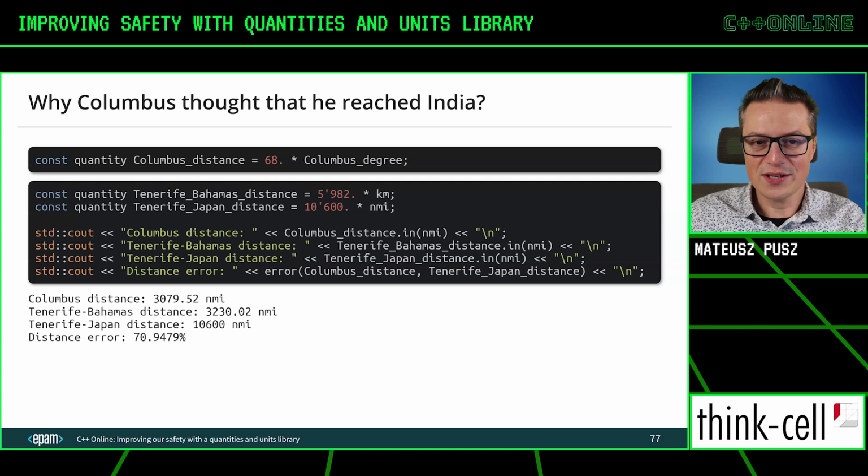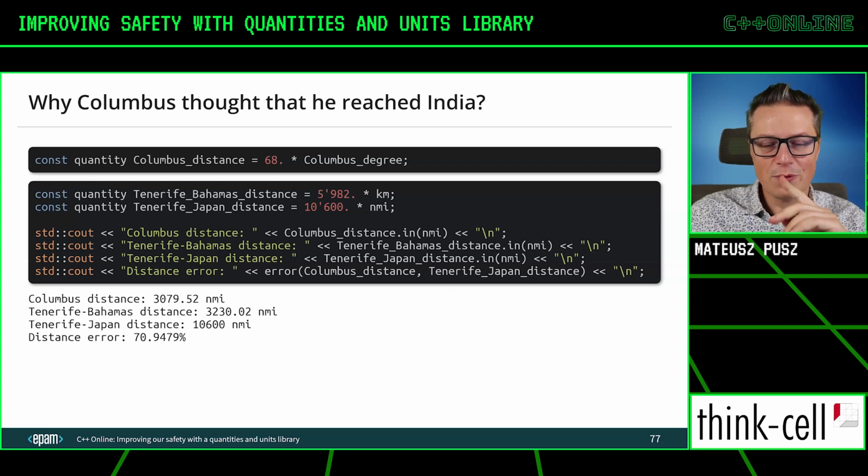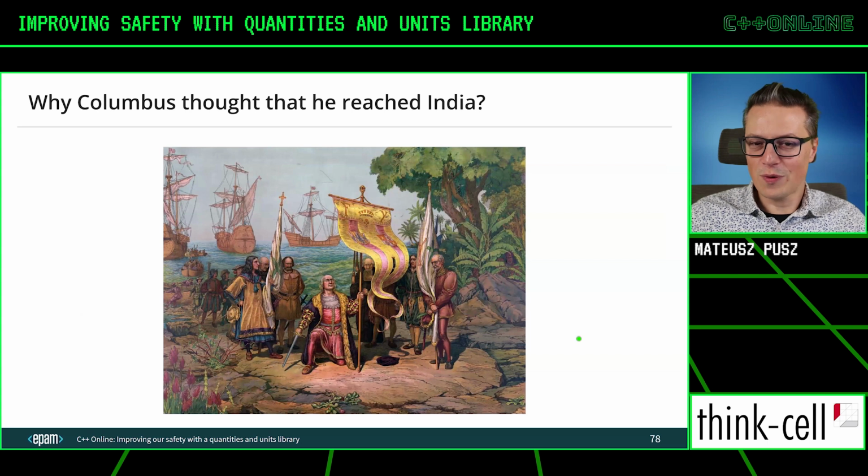He made a lot of mistakes on the way, when he was calculating the expected number of supplies that had to be brought on board. But he was lucky enough that his calculations were nearly matching the actual distance to the Bahamas, and he found land because of it. No wonder Columbus was so happy in the end that he reached some land, because they should already be starving slowly on board, right?